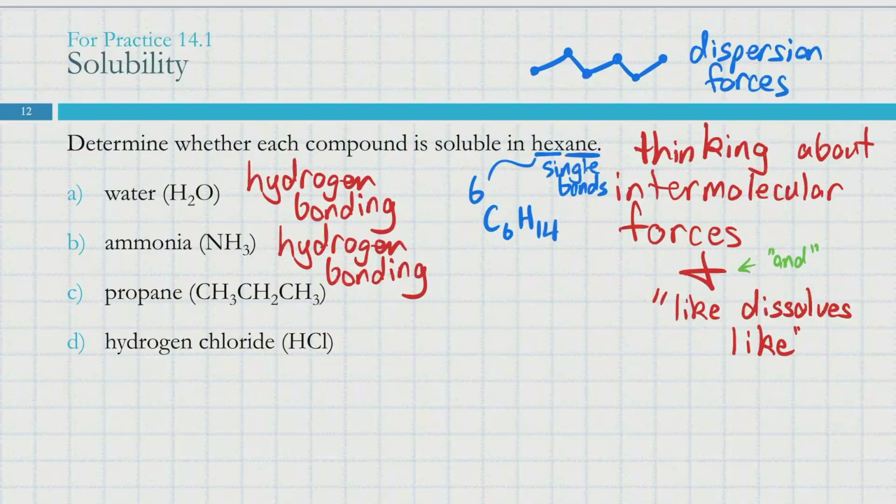What about propane? Any guesses what our strongest intermolecular force is for propane? It does not have dipole-dipole. You can think of it as just a smaller hexane. It's like if we chopped it in half, sort of. So this one also only has dispersion forces.